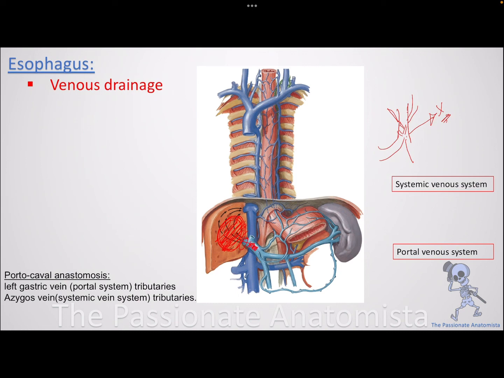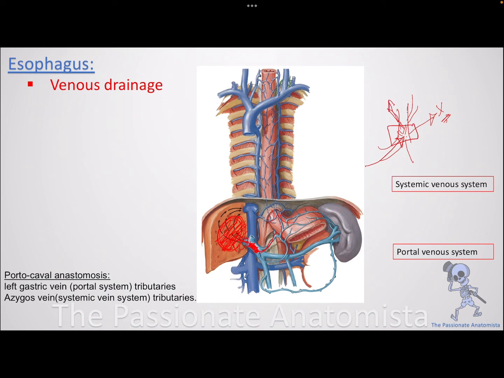It means the pressure is going to be very high in the portal vein because it does not know how to drain the blood into the liver. What's going to happen is that the blood is going to come back, find any way back, so it will go back to the lower end of the esophagus.